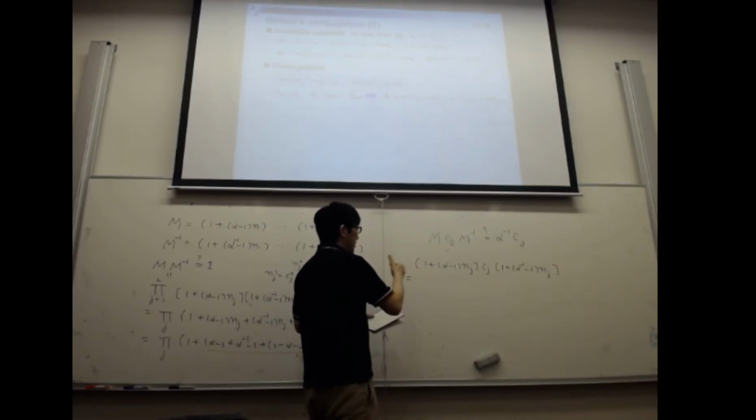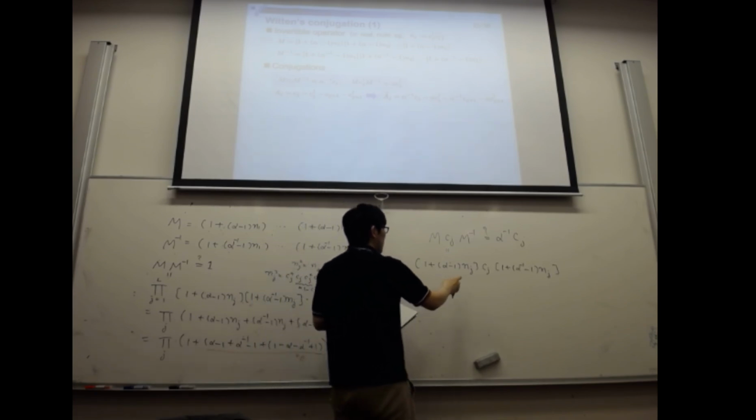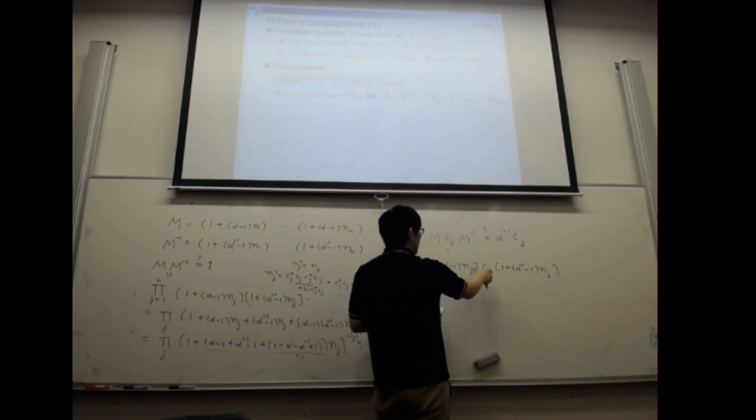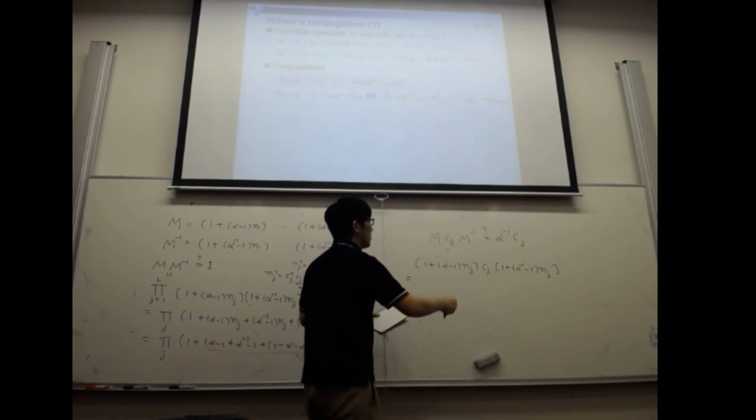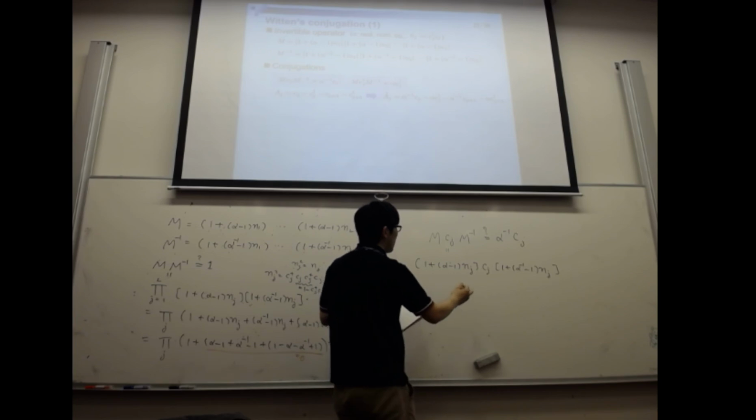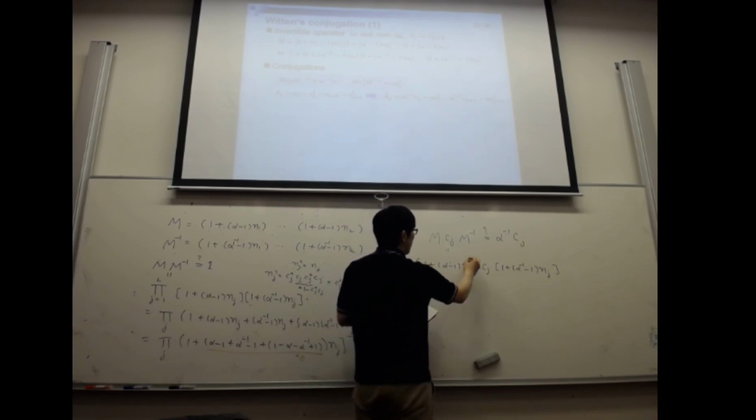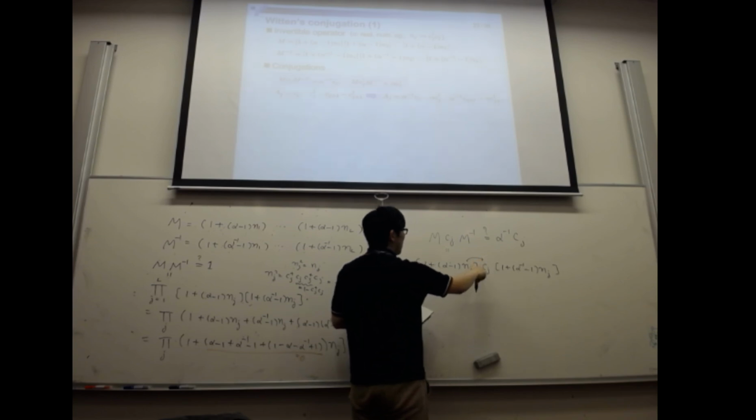I mean, this number operator and Cj have some non-trivial commutation relation. But here, the product of them is just trivial because you have Cj squared here, right?